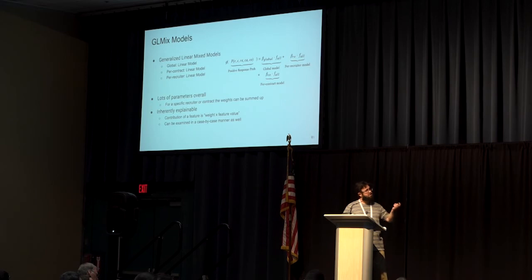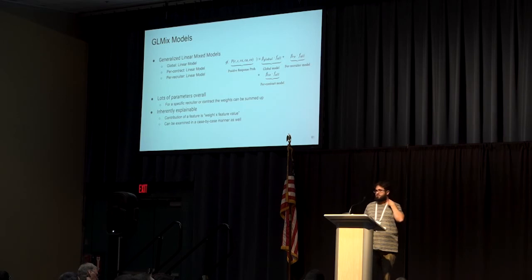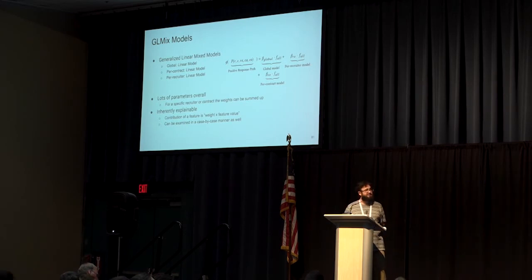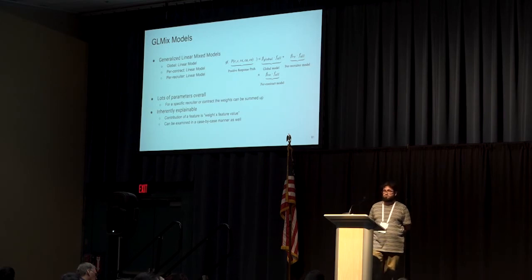This kind of model actually has a lot of parameters. If you think about tens of thousands, actually hundreds of thousands of recruiters and as many contracts, we are training different weights for each and every entity for the same or different features. But it is inherently explainable no matter what.